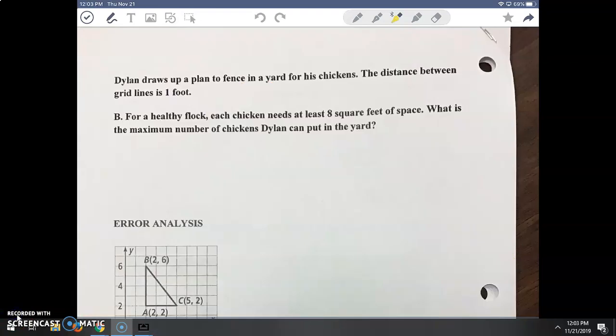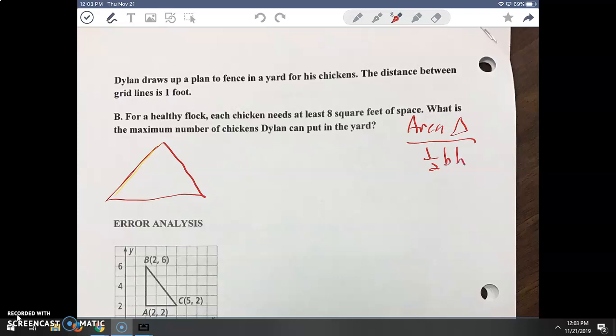Okay, this is a little bit tricky-ish because basically you need to find the area. Well, for the previous problem, remember to find the area, the area of a triangle is 1/2 base times height.